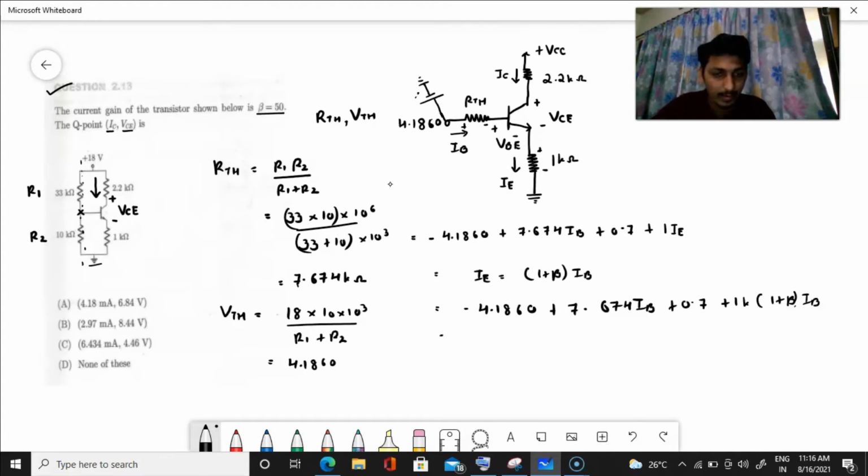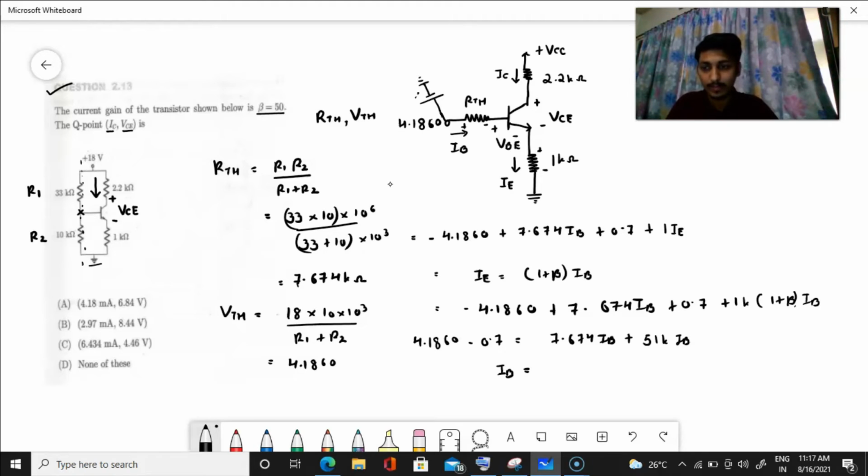We collect all the IB terms here, shifting that 0.7 to the left hand side: 4.1860 minus 0.7 equals 7.674 IB plus 1 kilo ohm times 51 IB, that is 51k IB. After simplifying, I will show you the final answer.